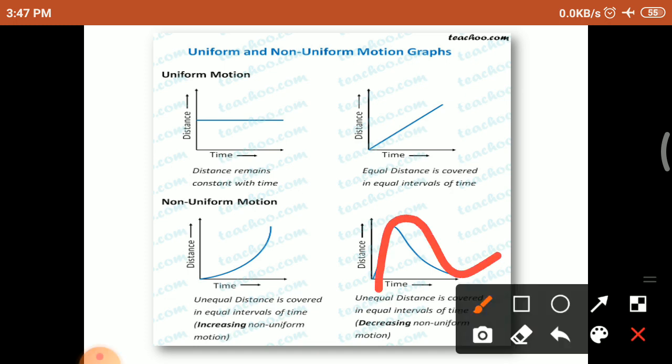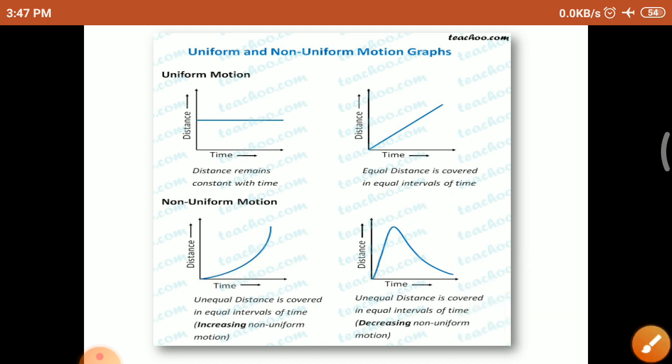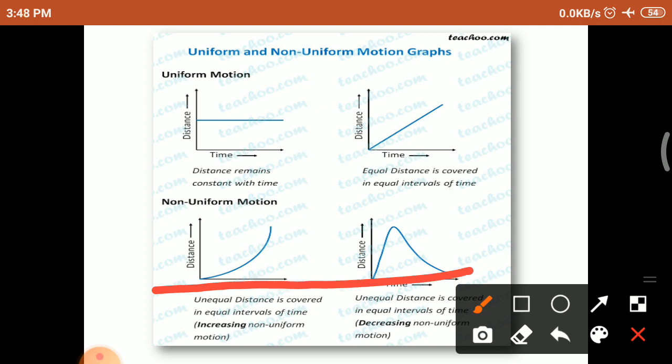This is increasing non-uniform motion, and this is decreasing non-uniform motion. When the graph line is not a straight line, that motion is said to be non-uniform motion. So what is the difference between these two? This is increasing non-uniform motion, this is decreasing non-uniform motion.